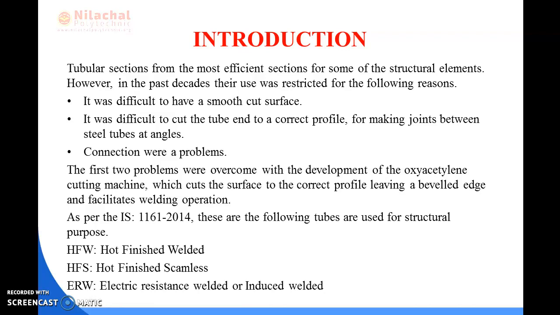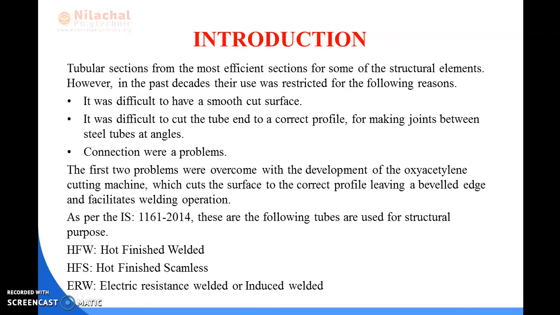It is very rare to use the tubular structure to make a high-rise building with steel as the material type. So we saw a lot of demerits of the tubular structure, and that's why in the past decades their use was restricted for the following reasons.